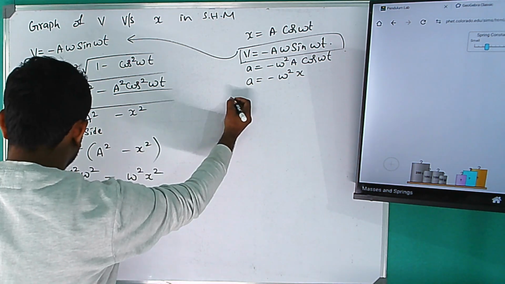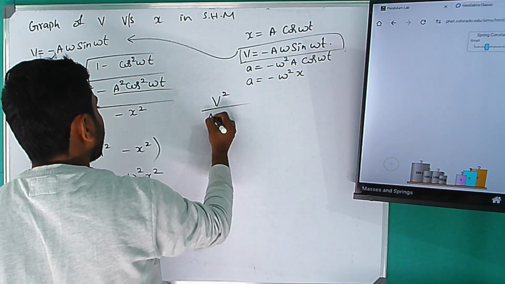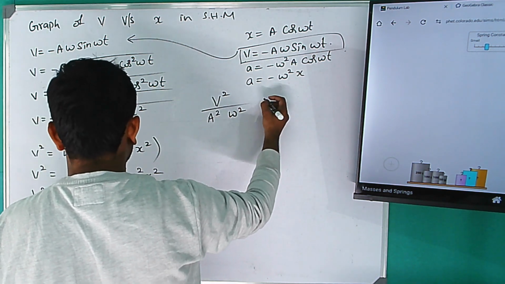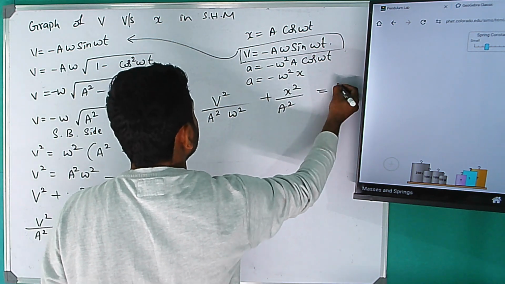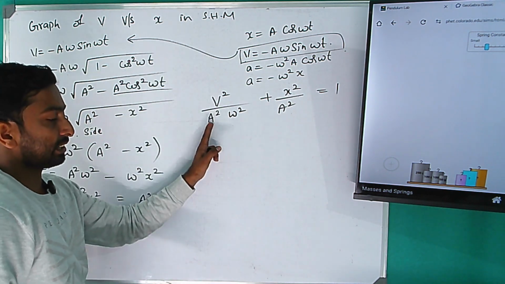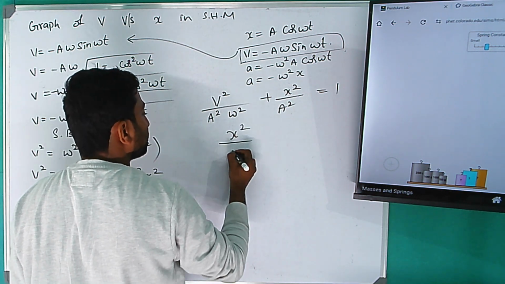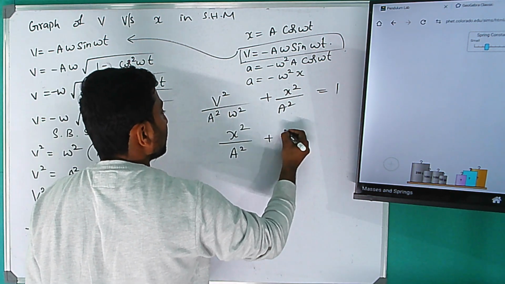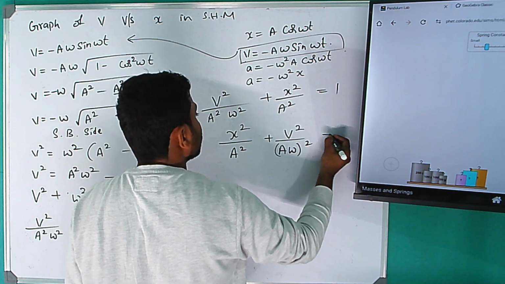So v square divided by a square omega square plus x square divided by a square is equal to 1. Look at this equation. Let me swap the terms: x square divided by a square plus v square divided by a omega whole square is equal to 1.